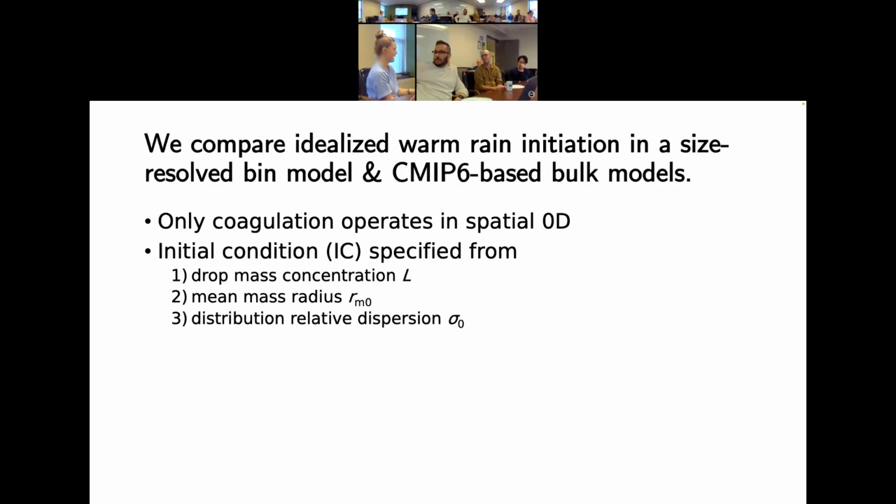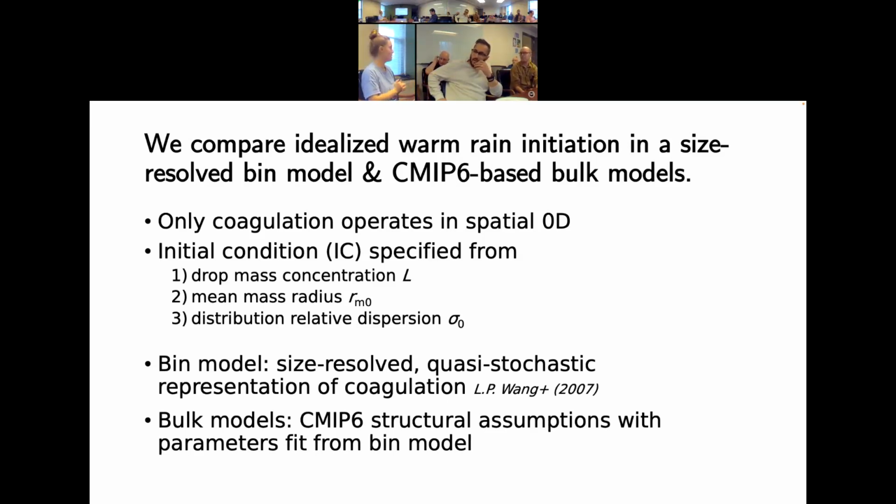And we also have idealized initial conditions where we just take a gamma distribution and specify it from the drop mass concentration, the mean mass radius of the drops, and also how wide the distribution is, which we characterize by the distribution relative dispersion, or sigma naught.